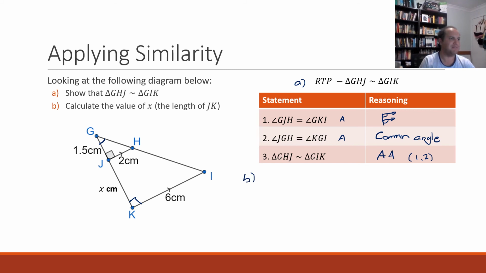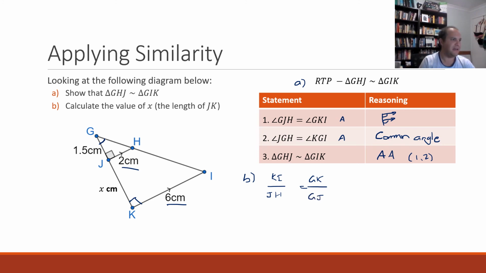Now let's write a scale factor statement for that. So we can say that KI, looking at this side and this side, which correspond, KI over JH should equal GK, this long side, over GJ.